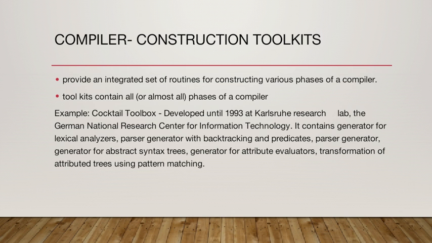It was developed until 1993 at Karlsruhe Research Lab, the German National Research Center for Information Technology. It contains a generator for lexical analyzers, a parser generator with backtracking and predicates, a parser generator, a generator for abstract syntax trees, a generator for attribute evaluators, and transformation of attribute trees using pattern matching.